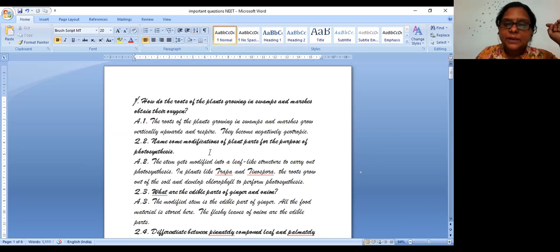Name a modification of the plant parts for the purpose of photosynthesis, all those modifications which they have done for photosynthesis. That is the stem. Just now we have seen that. Opuntia and Tinospora. Tinospora, I didn't take that.